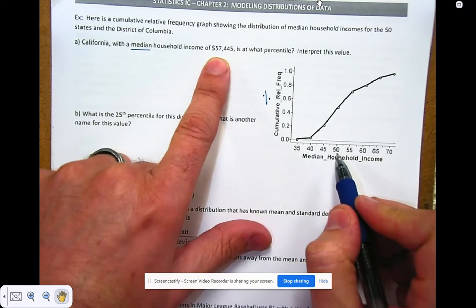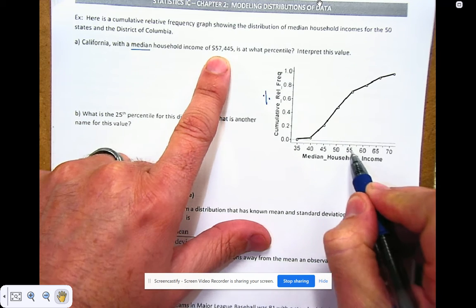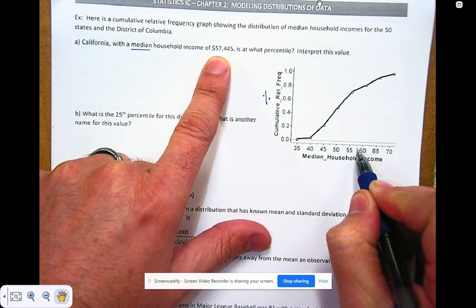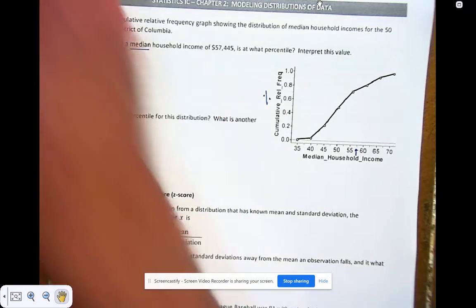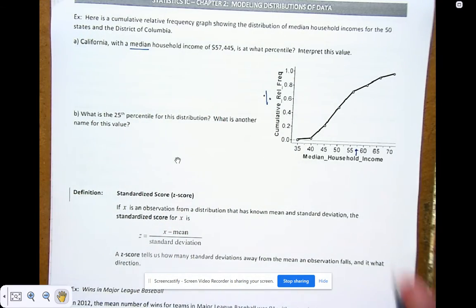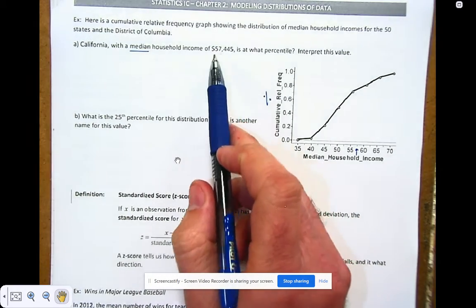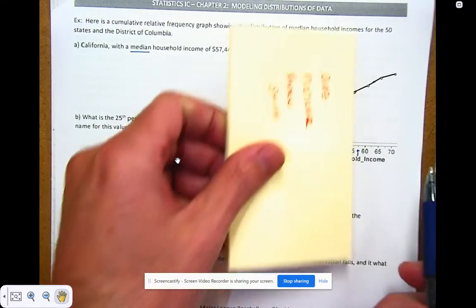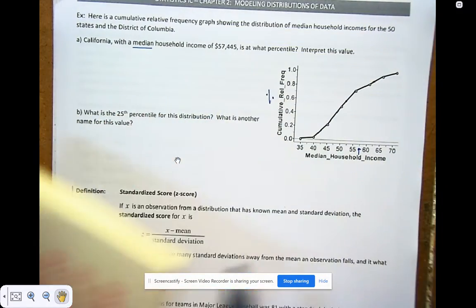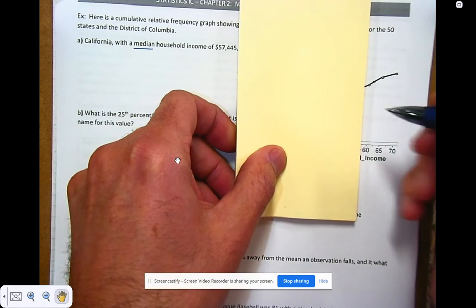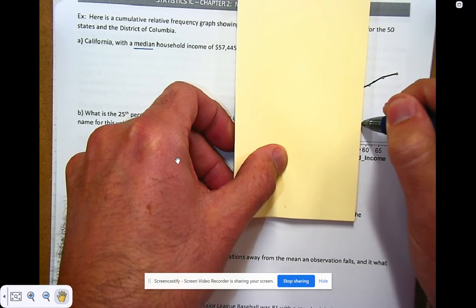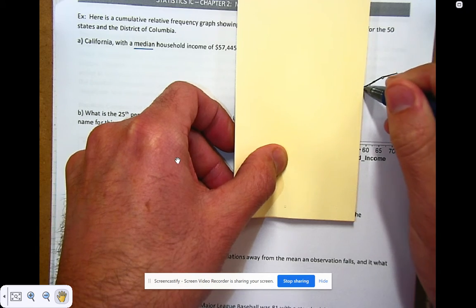Okay, so you can very quickly find your percentile. So if you go to 57,400, there's 55, there's 57.5. So we're right about there. And so what you guys should do is you go to the value that they give you. It's not a percent. This is a median household income. And you draw a straight line up to your cumulative relative frequency graph.